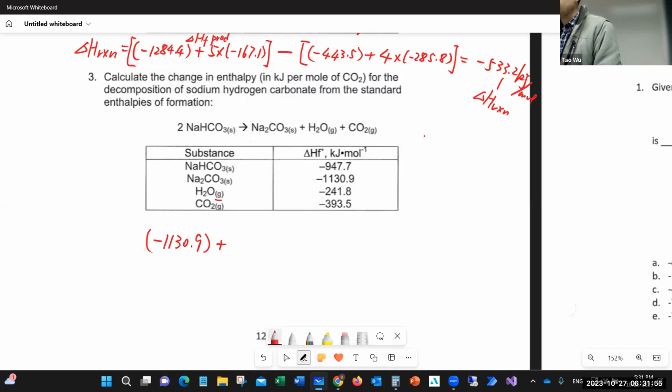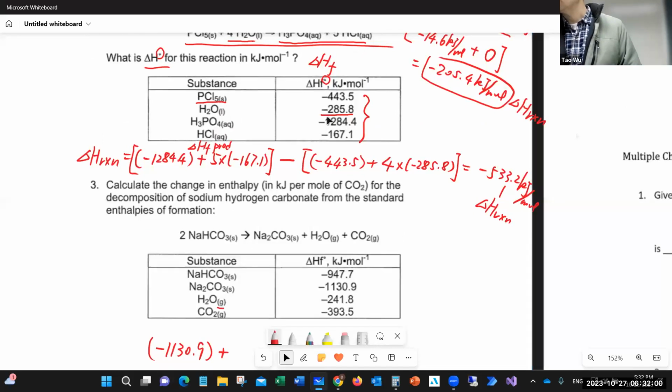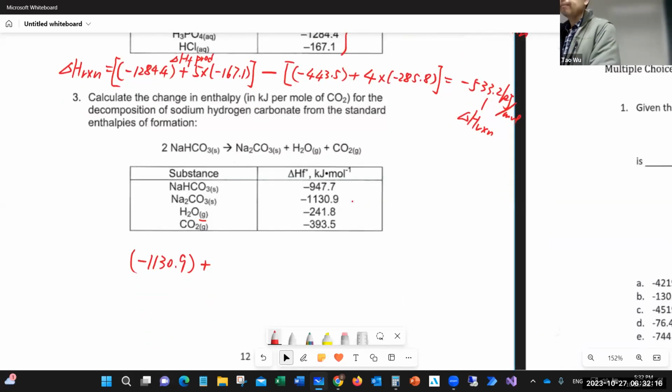You see, water liquid is negative 285.8. Water gas is negative 241.8. The enthalpy of formation is going to be different if you have a different phase, a different state. Negative 241.8 kilojoule per mole, plus the CO2, which is negative 393.5.